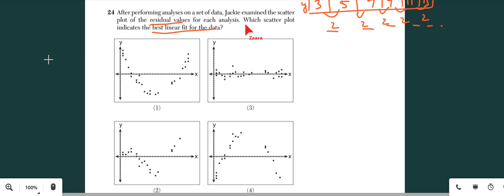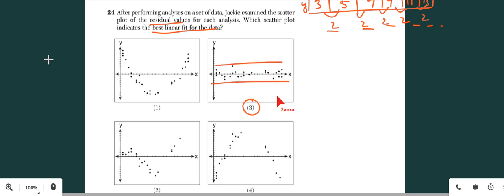If you look at this, it is giving us a U-shaped curve. It is not randomly distributed around zero. But this one is randomly distributed around zero, very close to zero, right?